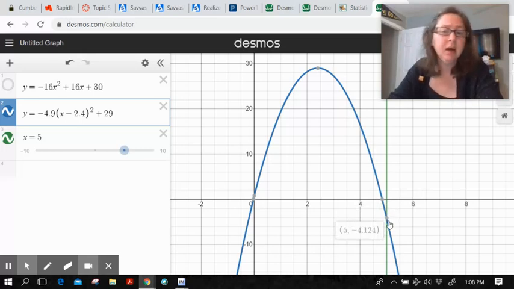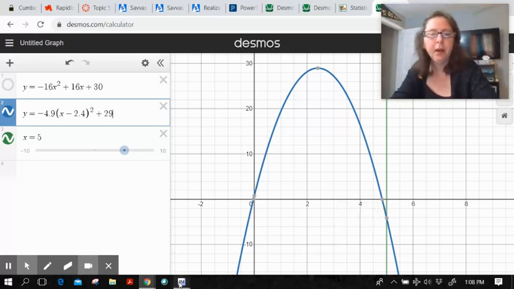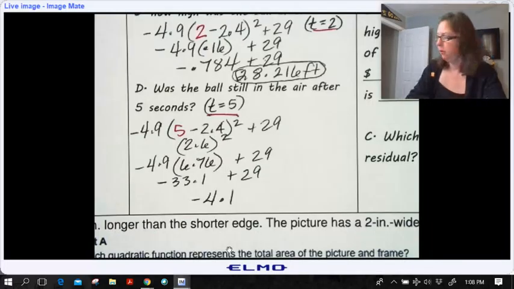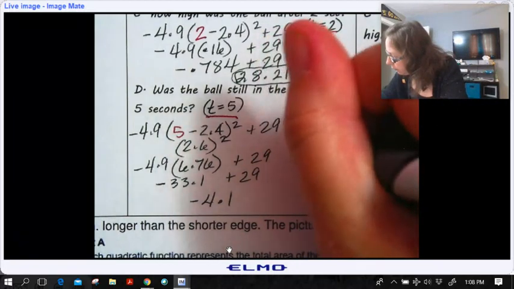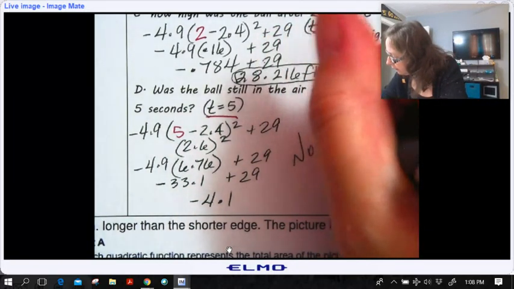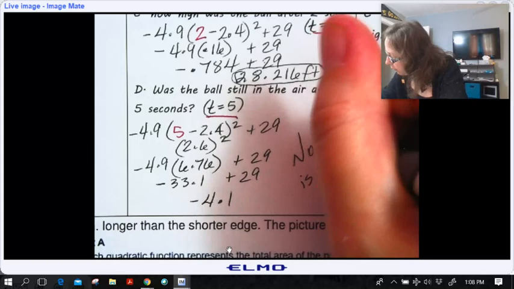So the ball was not in the air at 5 seconds. It had already landed at 4.8 seconds. Okay, so our answer is no, it is not.